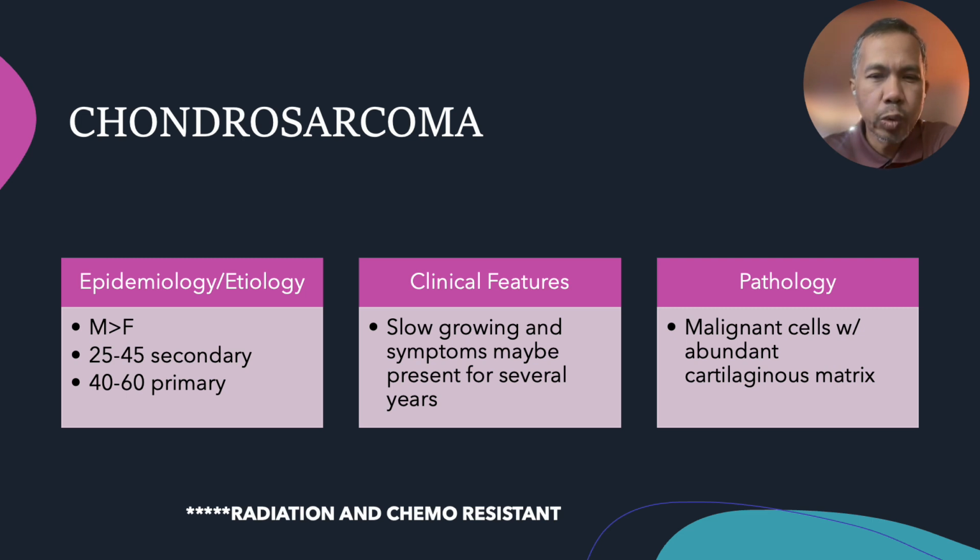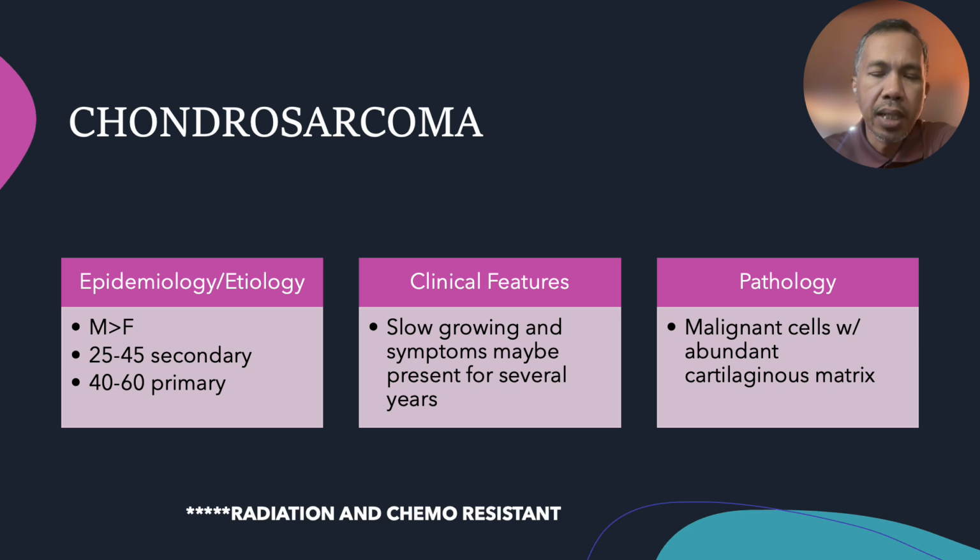Chondrosarcoma. It affects more males than females. It can be primary or arising from other pathologies as secondary. They are slow growing and show malignant cells with abundant cartilaginous look in their histology. Chondrosarcomas, remember, are chemo and radiation resistant.